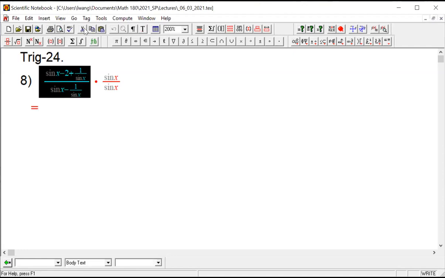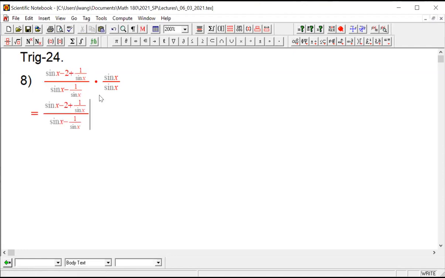You multiply that, you multiply that, and you multiply that, and then you take the sine x in the denominator to multiply that, and that. Then you reduce it.